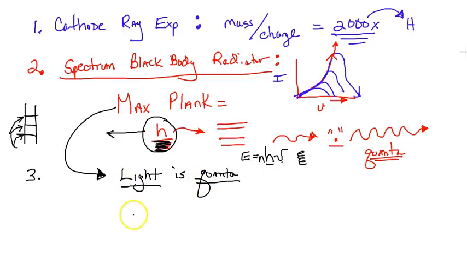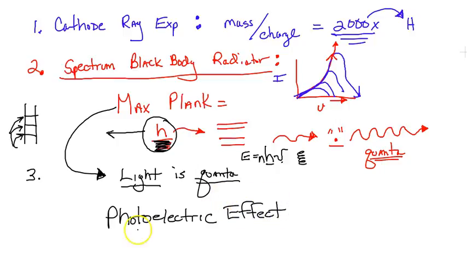And he used that idea to explain the phenomenon of the photoelectric effect that could not be explained through classical physics. So through the work of Planck, he was able to explain that light is quantized.